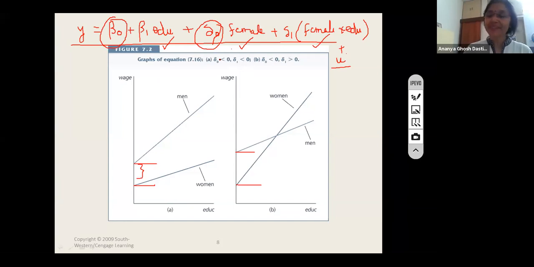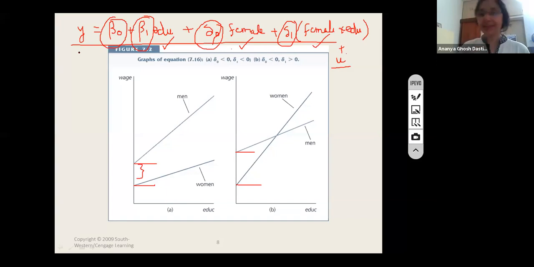So to get the female regression intercept, all you need to do is add beta naught and delta naught, period. What about beta 1? Beta 1 will give you the dy dx for men, the base group. What about delta 1? Delta 1 gives you the difference in the slopes.